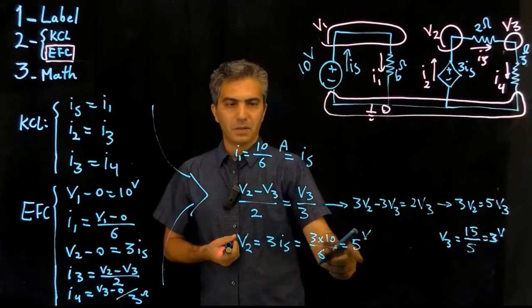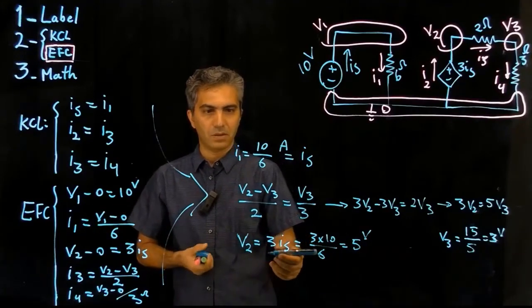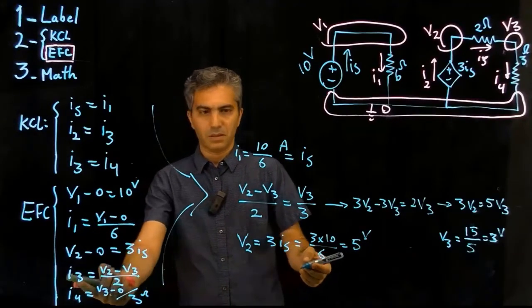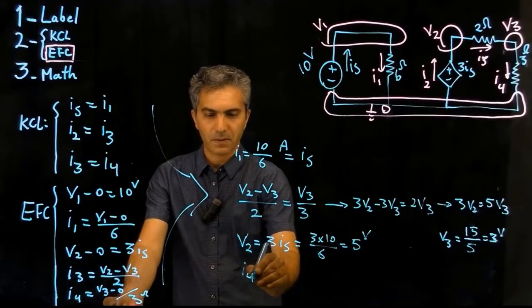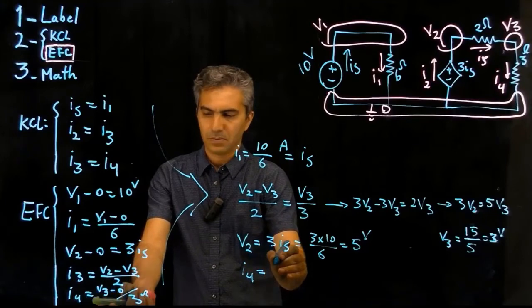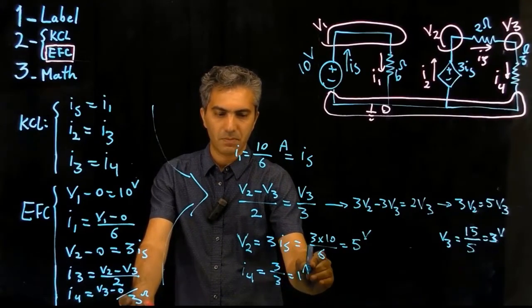And now from all of that, I think we are all set. I can now calculate I4 as 3 volts divided by 3, 1 amp.